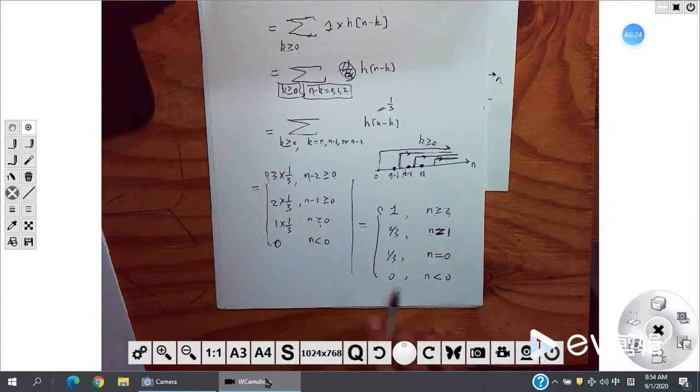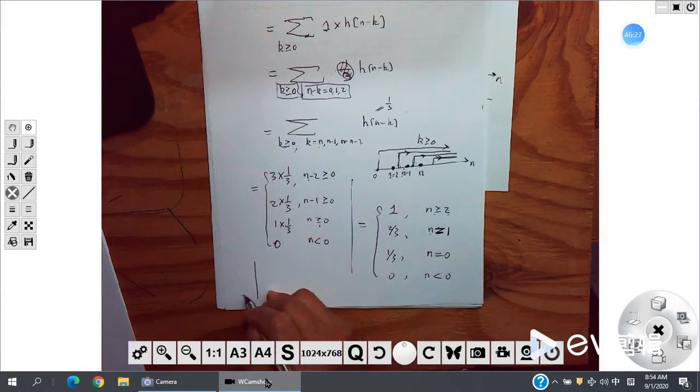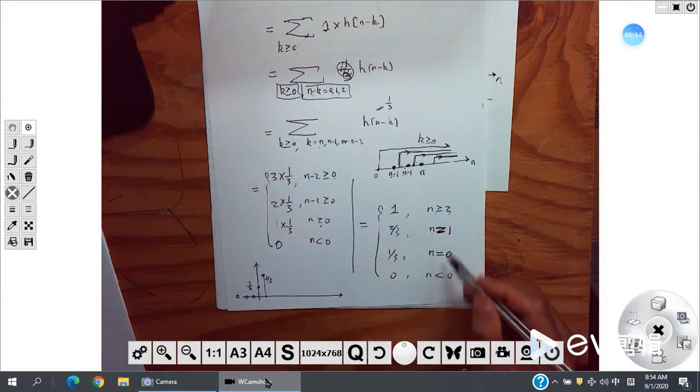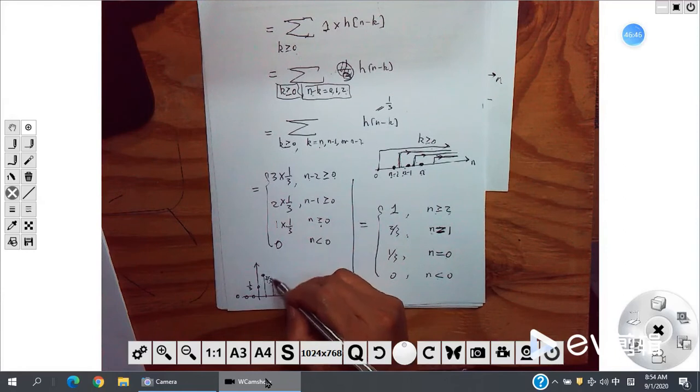Okay, so we have the output. Output is this one. We can draw a graph to see how it looks. It's 0 for negative n, they are zeros, and when n is 0, it is 1/3. When n is 1, it's 2/3. And when n is larger than or equal to 2, it is 1, right?